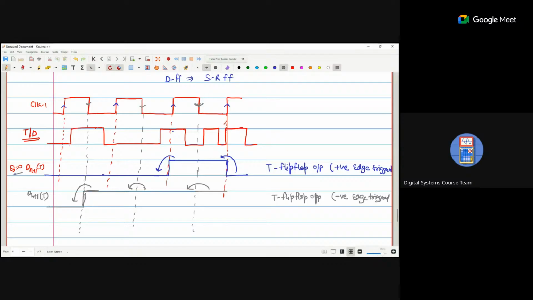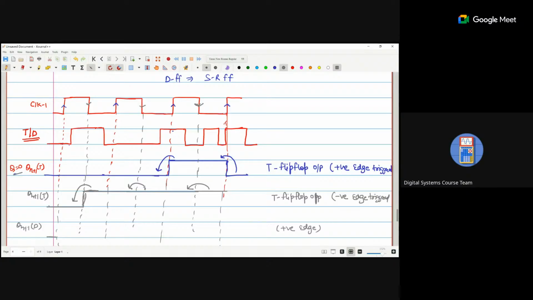Okay, so now if I draw Qn plus 1 for the D flip flop with positive edge, these are the positive edges. Previous output is 0.